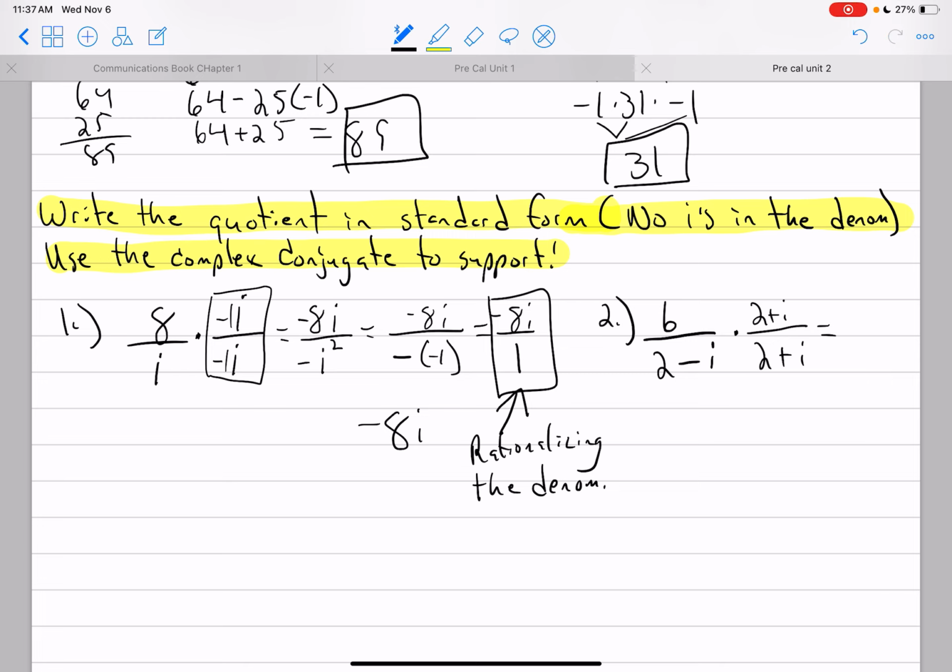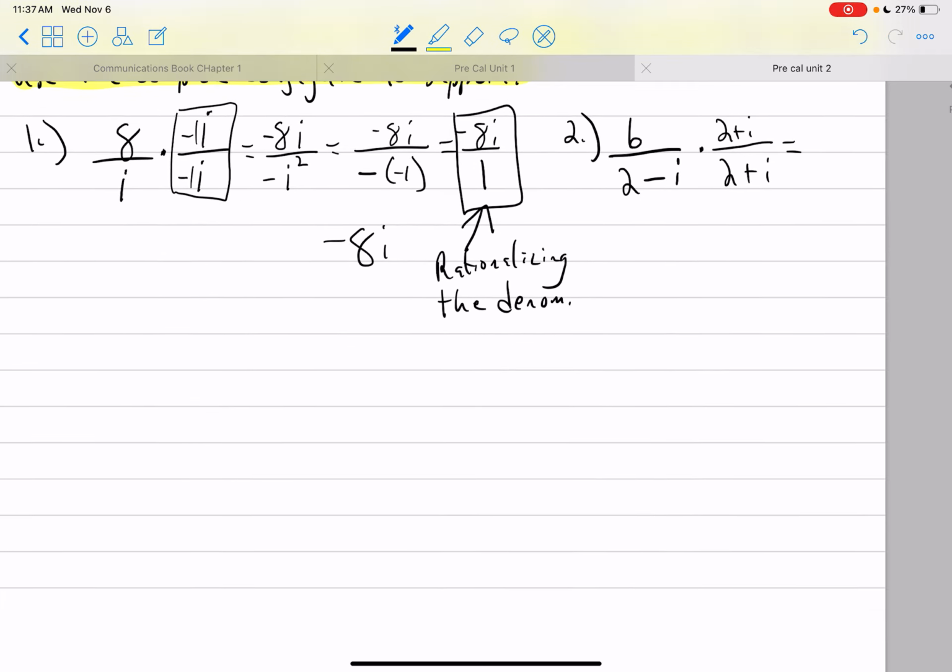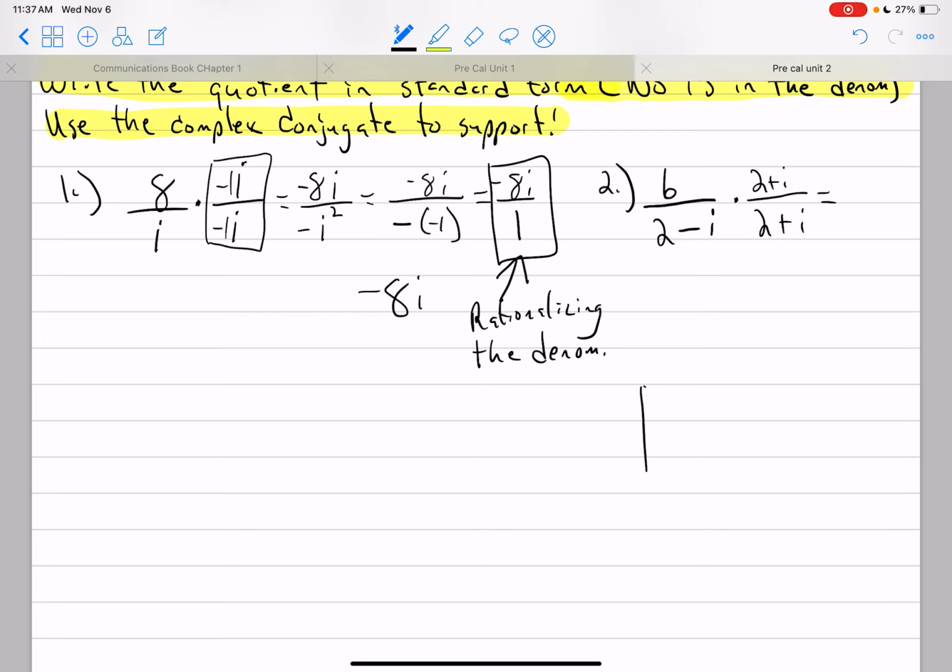So multiply these out. Let's see, let's do 2 minus i times 2 plus i. This is 4. This is 2i. This is negative 2i. And this is negative i squared.